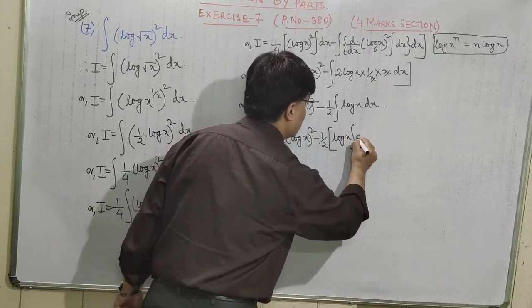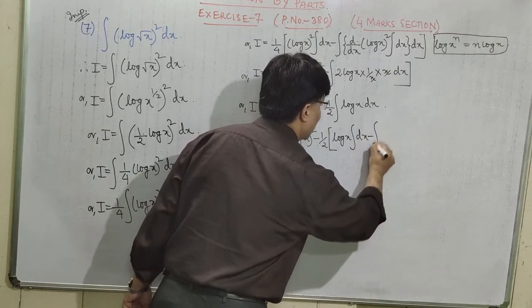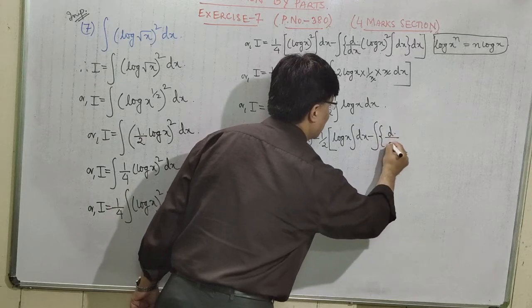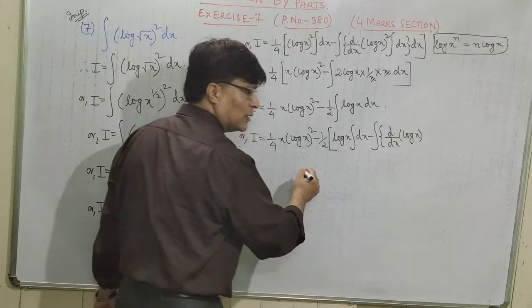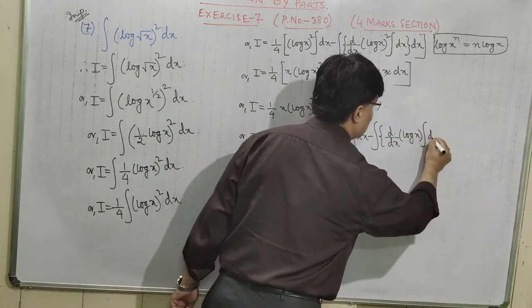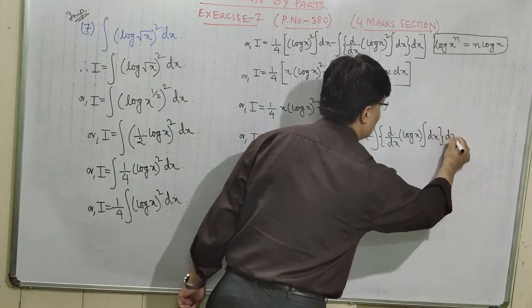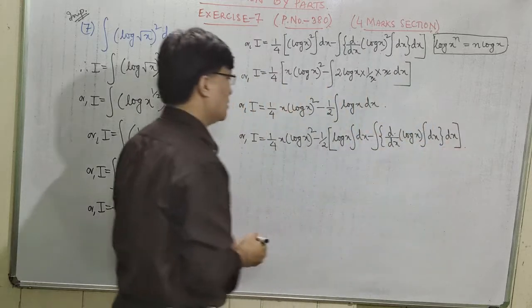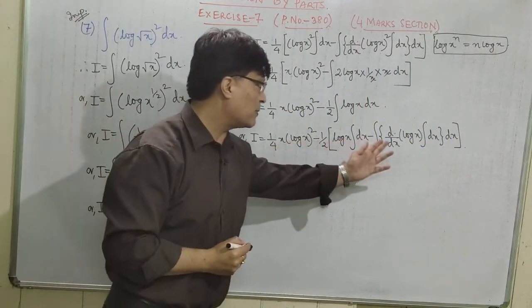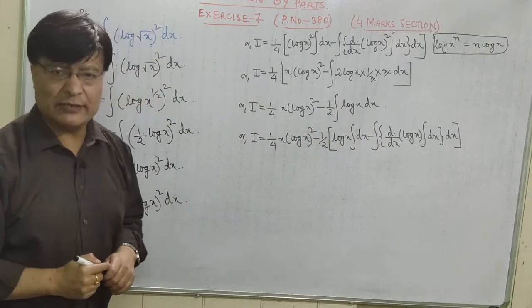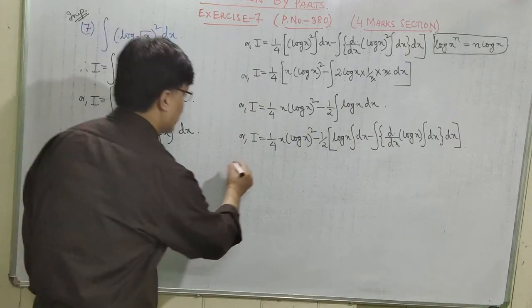Log x integration of dx minus integration of dy/dx of log x, then integral of dx, bracket closed, then the outer bracket is closed. So this is your integration by parts for the function integration of log x dx.